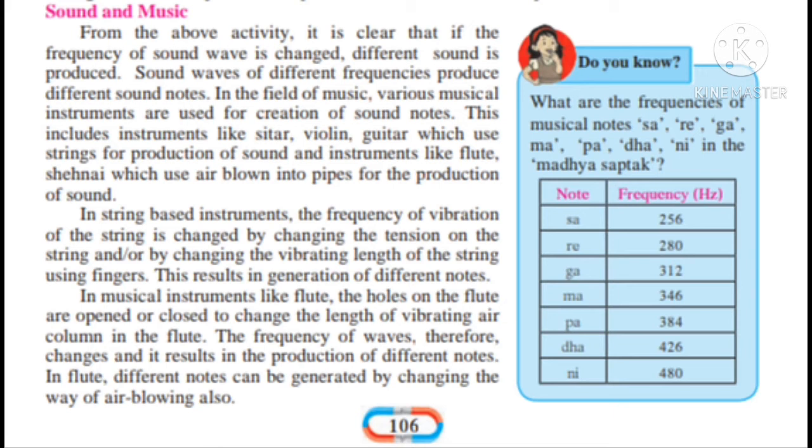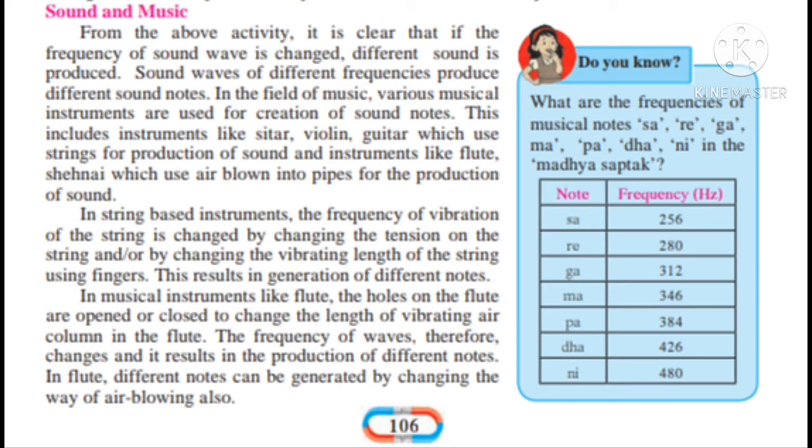In the field of music, various musical instruments are used for the creation of sound notes. This includes instruments like the sitar, violin, and guitar, which use strings for the production of sound, and instruments like the flute and shehnai, which use air blown into pipes for the production of sound.